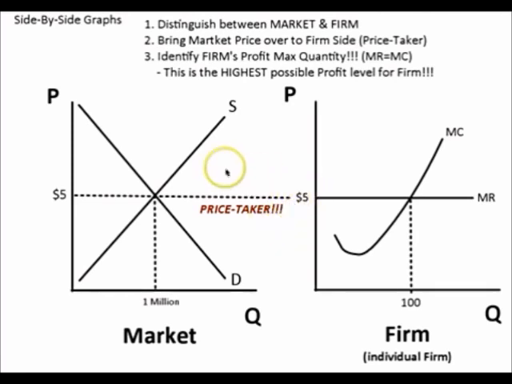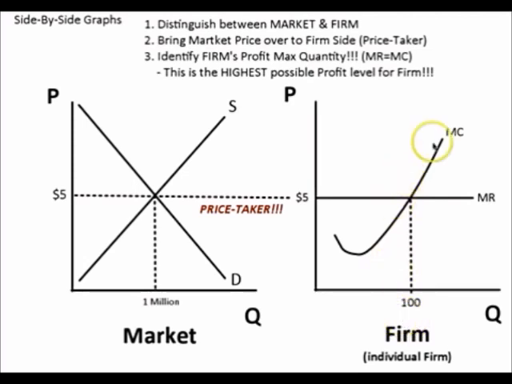Now, as we go through these graphs, the rule is: identify profit max quantity. Find the MC and MR and identify that quantity. That is the quantity the firm will produce at, regardless of what I do to the graph. Identify profit max quantity. All right, so moving on.